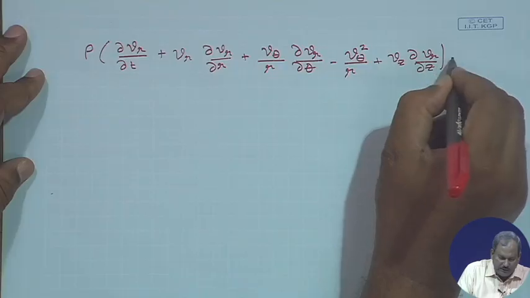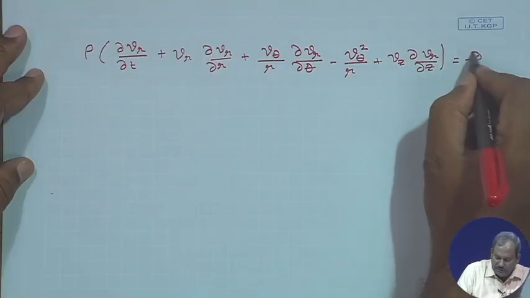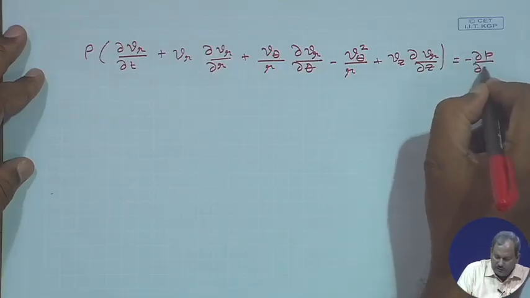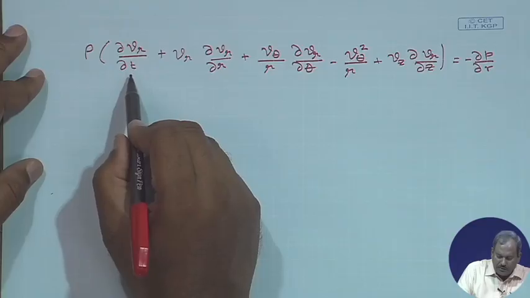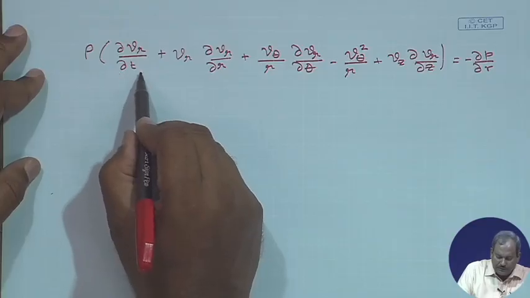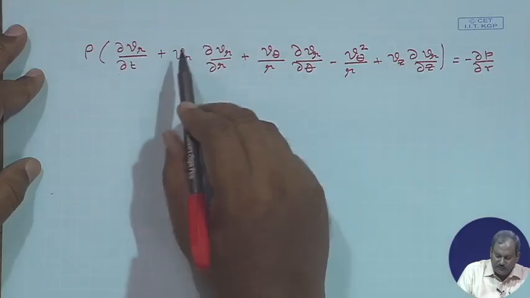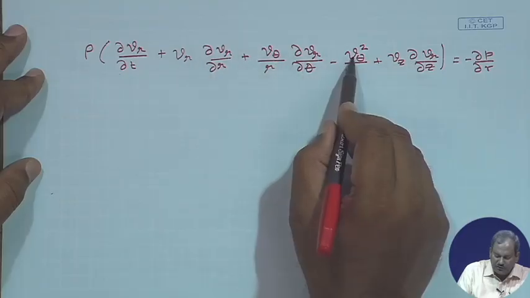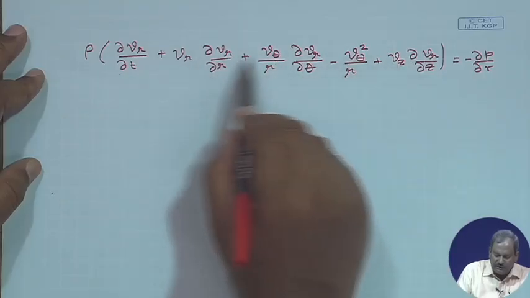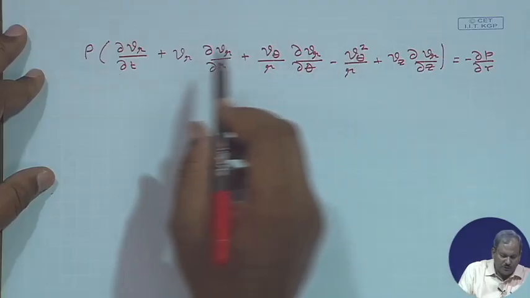So this is the entire left hand side. You can again identify that this is the special term, and all these 4 terms, since they have velocity explicitly present in them, refer to the convective transport of momentum.